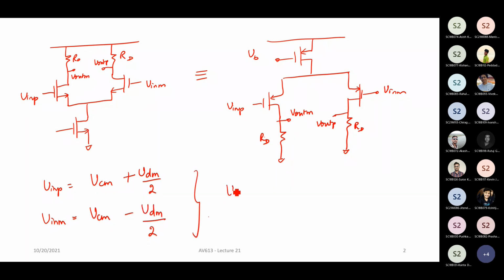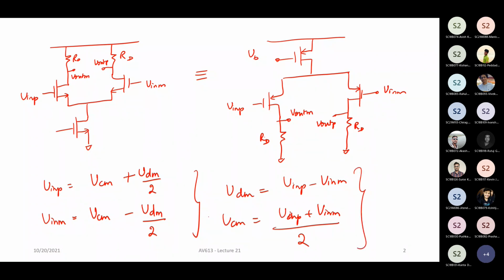And in other words, VDM is nothing but V in P minus V in M, and VCM is nothing but V in P plus V in M divided by 2, right?